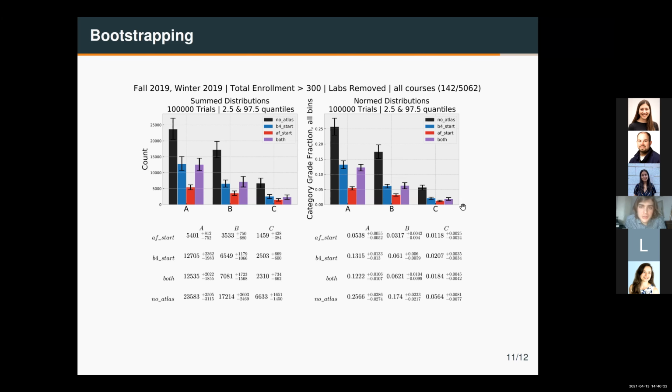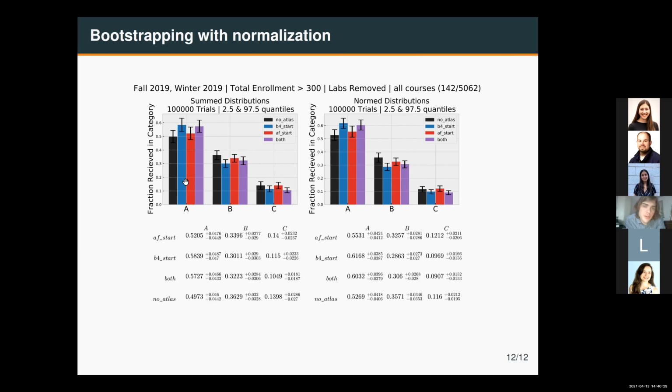I'll move on to the normalized plots because it's more difficult to read these since the categories are different sizes. This is the fraction of the category that received that grade, so all the black bars should sum to 1. The error is 2.5 to 97.5, so this is a very tight error bound. In general, the before start and both categories are significantly above the no Atlas categories.